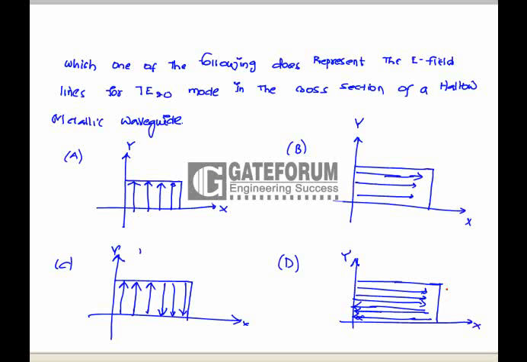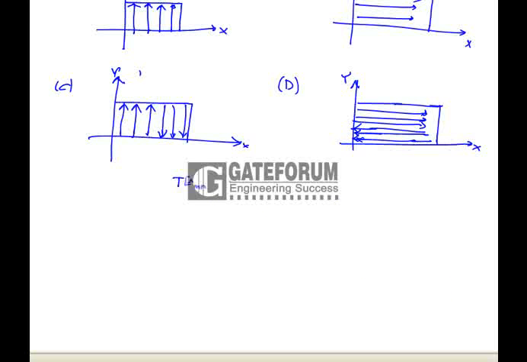Which of the following represents the E field variations for the TE20 mode in the cross section of a hollow metallic waveguide? First of all, we have to know what TEmn represents. M and N are the field variations: M represents the number of half-wave variations along the A side, whereas N represents the number of half-wave variations along the B side.